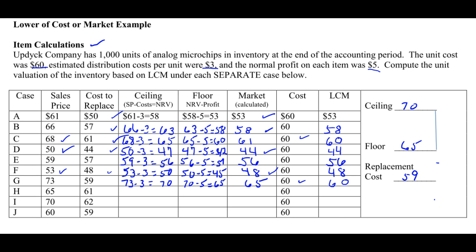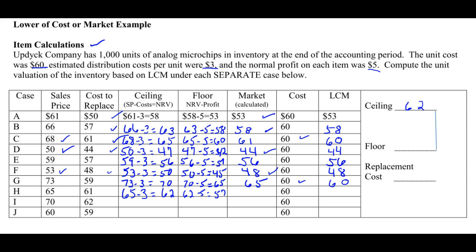Let's do the next one together, shall we? So our sales price is, hold on, I have my eraser. Our sales price is $65. Our normal cost to distribute is 3, so we'll use 62 as our ceiling, calling that our net realizable value. 62 minus 5 is 57.